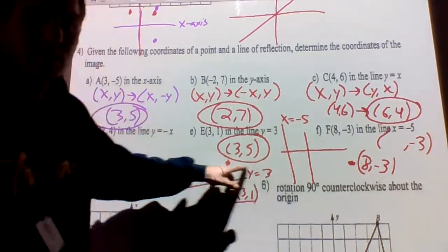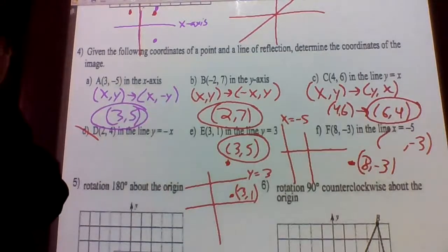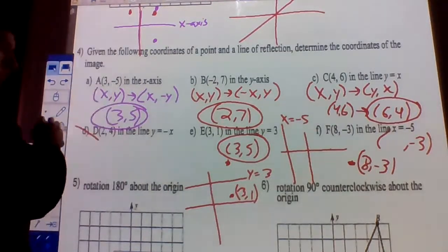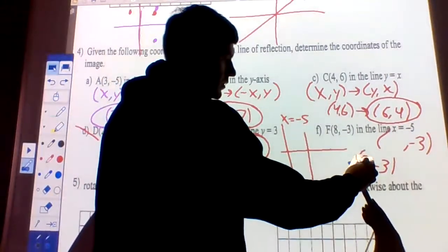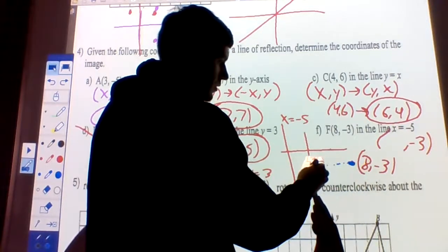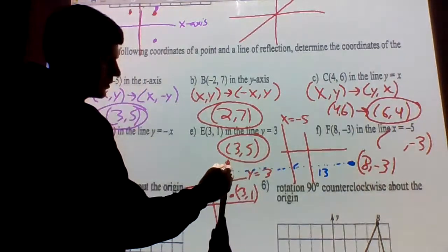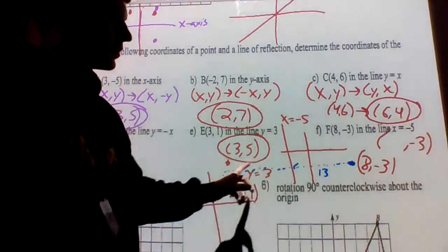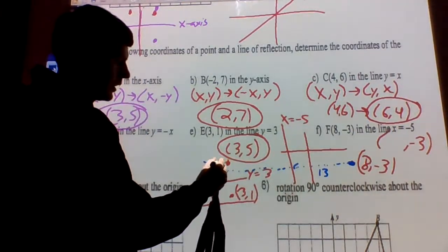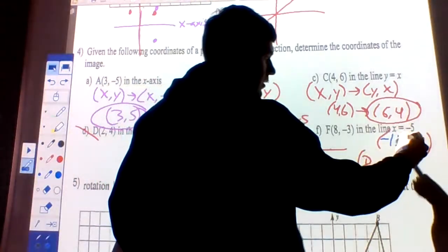So that means we're going to have to travel 13 more. Okay, so we got to travel 13 units. So we're going to have to travel another 13 units. So -5 minus 13 is going to give us -18. So it's going to be -18, -3.